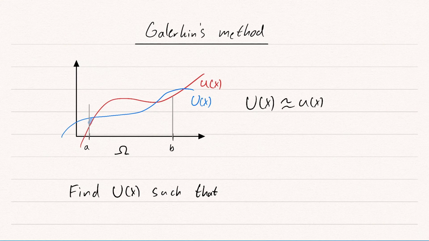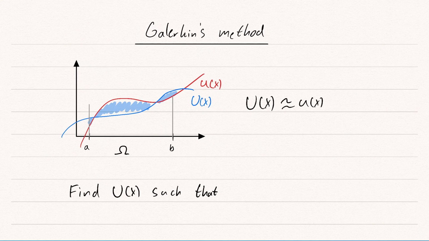So we have this area here that we want to minimize. If we find a function which creates the smallest possible area between u of x and capital U of x, then we have the best approximation on average. And that's what we're after.